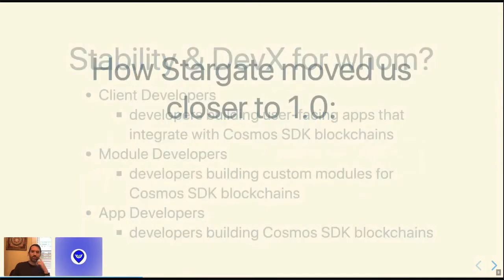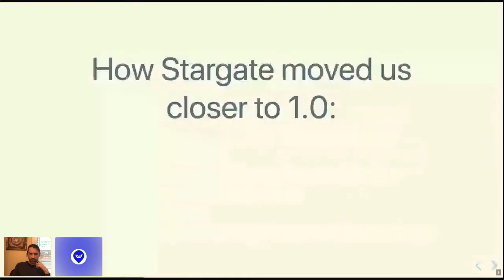So one of the big things that the Regen team has been focused on since we started working on the SDK seriously is the Stargate release v1.0, which, cross our fingers, is just around the corner. We've been in the release candidate phase for a few months. We think the actual release may be happening hopefully within a week.